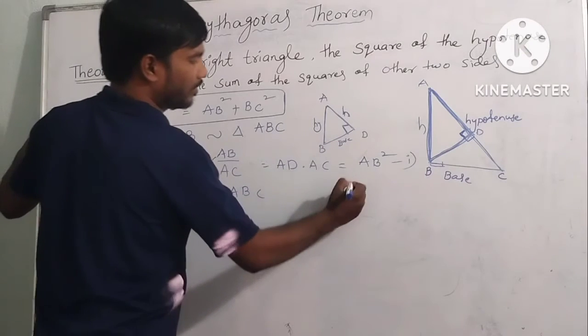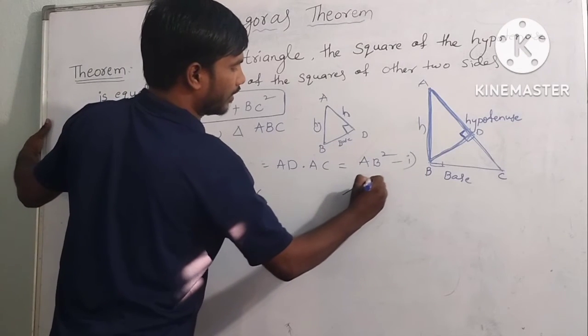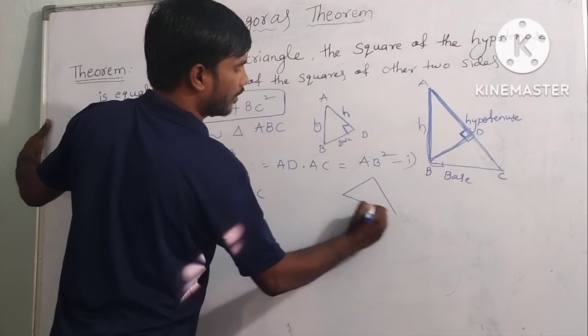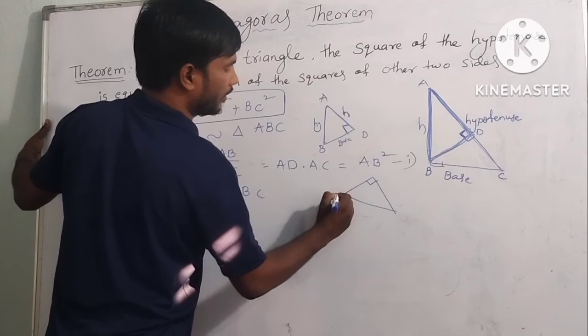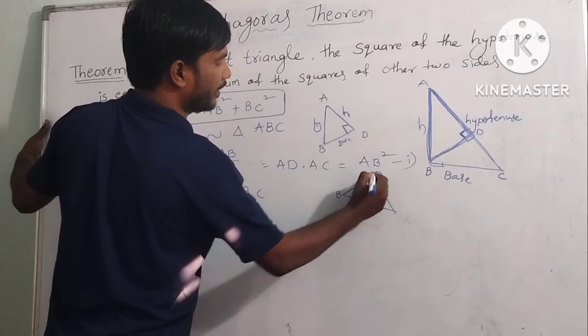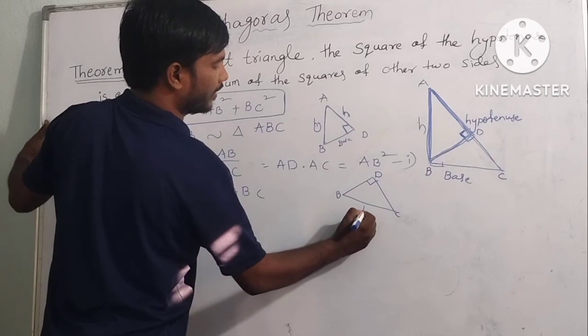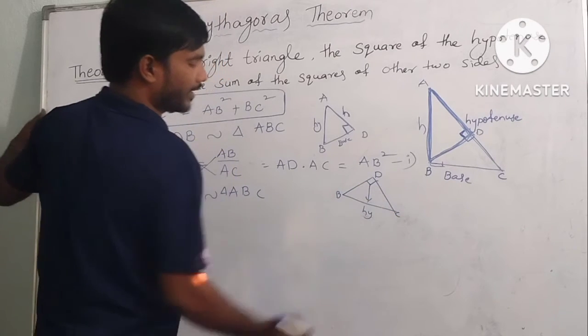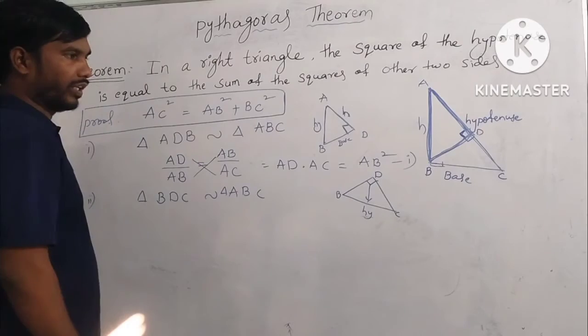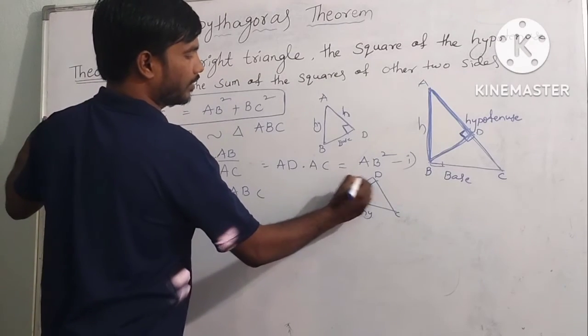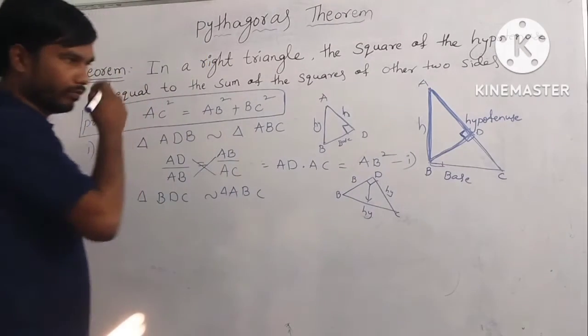Draw the triangle like this. The right angle is at D. Opposite the right angle is the hypotenuse. So this is the base and this is the height.